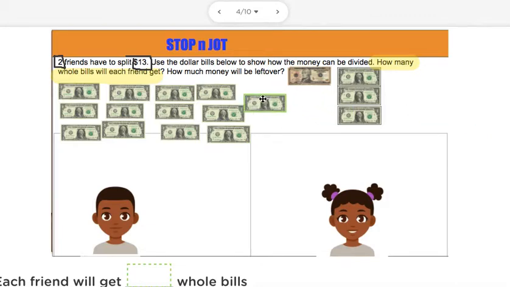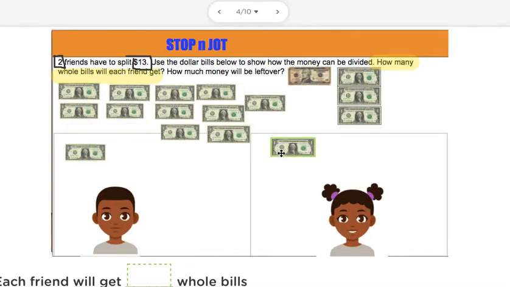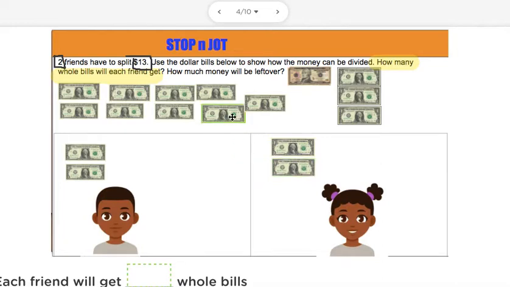There we go. Now can I break apart my $13 to share with two friends? Absolutely. Let's go ahead and start breaking apart our dollar bills. You'll notice I'm going one group at a time, only distributing $1 each time.